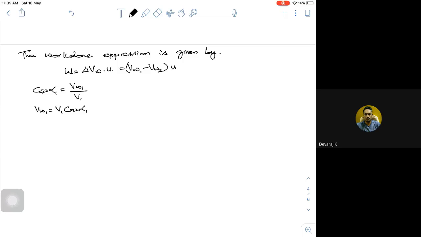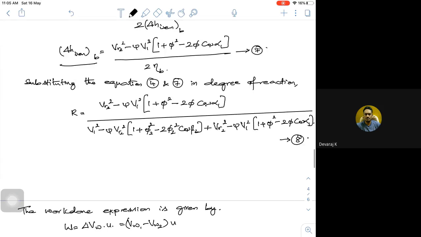Similarly, what is cos beta 2? Let's go to the triangle.